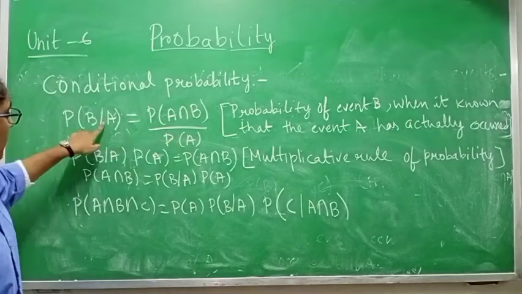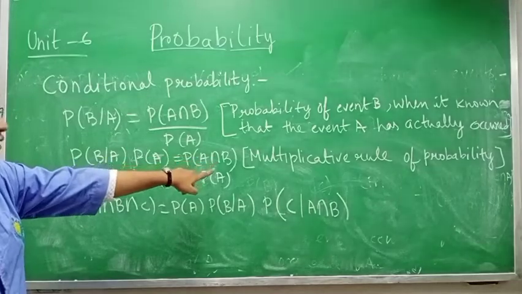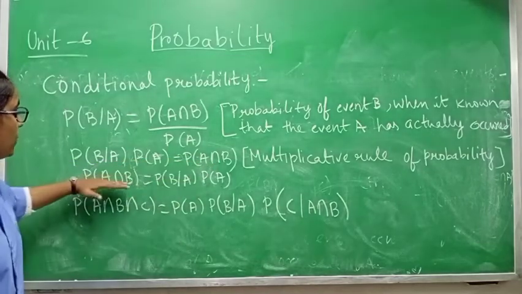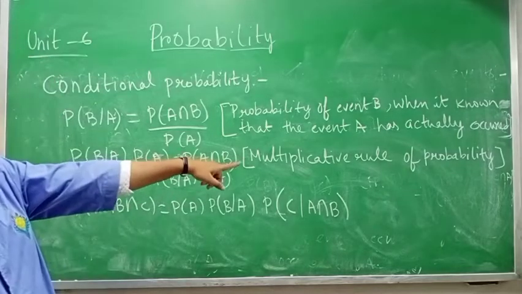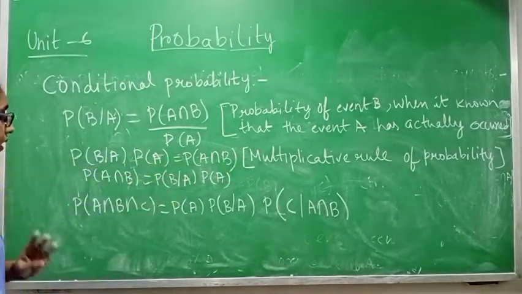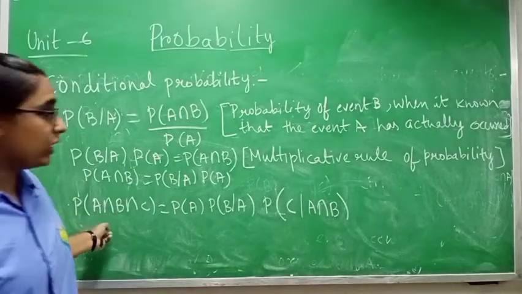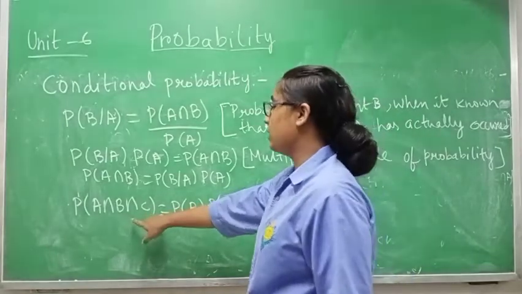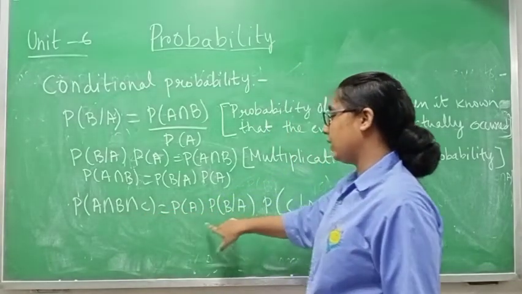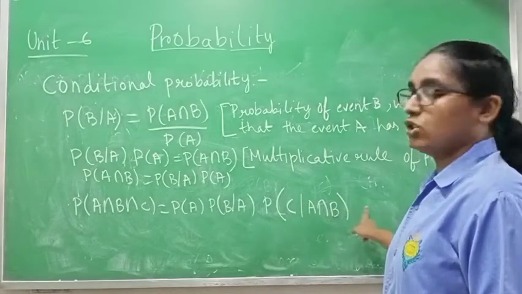Now this P(A) can come here: P(B by A) dot P(A) equals P(A intersection B). So I am writing this one first and these two on the RHS. This is known as the multiplicative rule of probability. When there are 3 events A, B and C, the multiplicative rule of probability will be this: P(A intersection B intersection C) equals P(A) P(B by A) P(C by A intersection B).